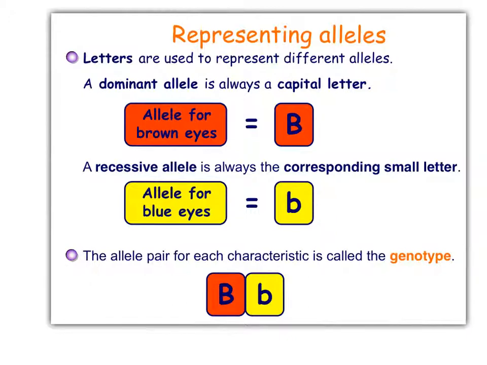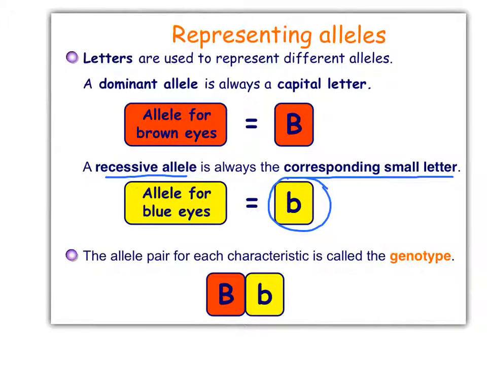So in this case, when we look at the gene for eye colour, we can see that the allele for brown eyes is capital B. So then the recessive allele always has the corresponding small letter. So the allele for blue eyes is recessive, so we give it a little b.